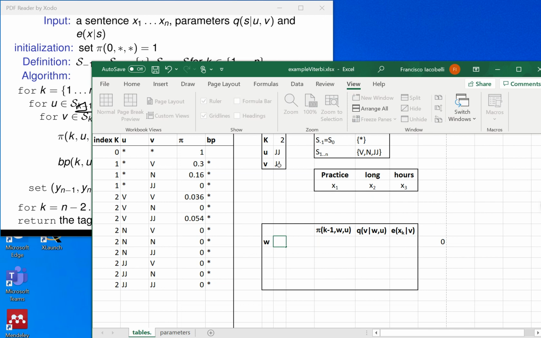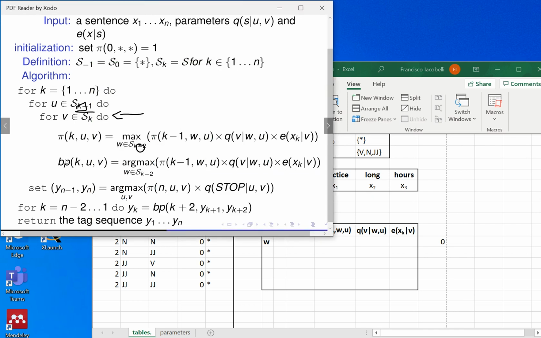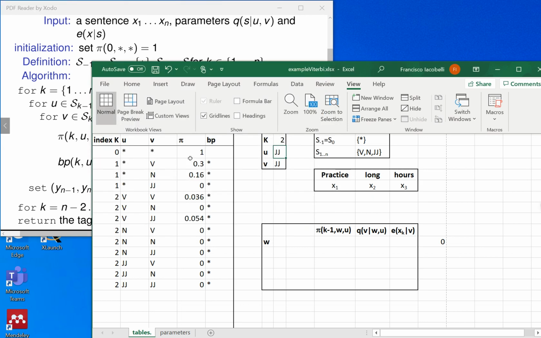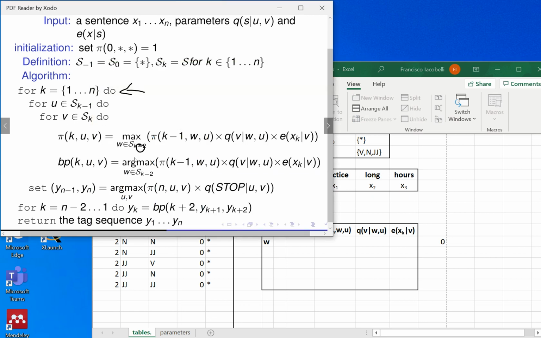Now, we've finished this one. We've finished this one, right? So let's look at our algorithm. We finished this one. We finished this one. So we increase K now. Okay? So we increase K to 3. Now, if K is 3, then this is S2, because K minus 1.